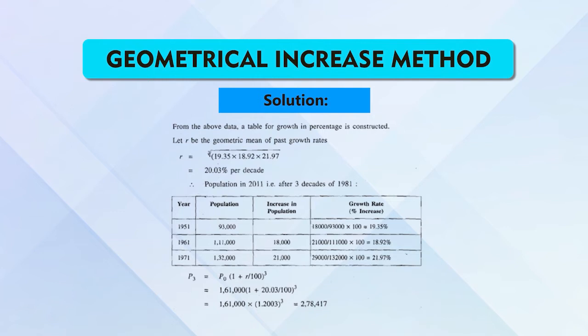So the population in 2011 is equal to P0, the population of 1981, into (1 plus R, the geometrical mean of past growth rate, 20.03, divided by 100) to the power 3. So the answer comes to 278,417 as the population in 2011.